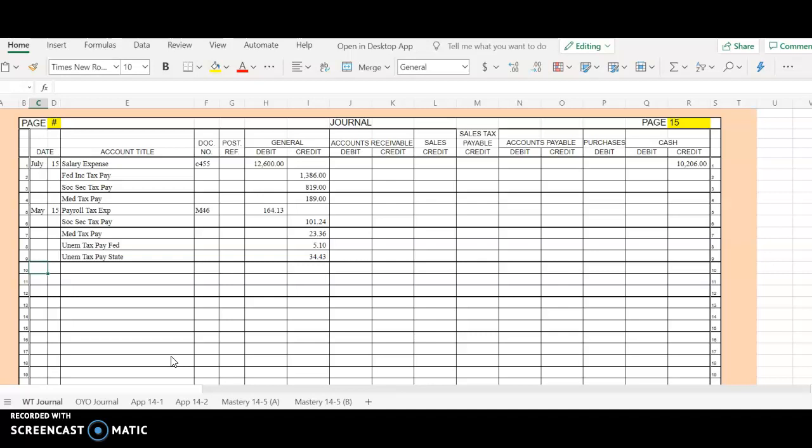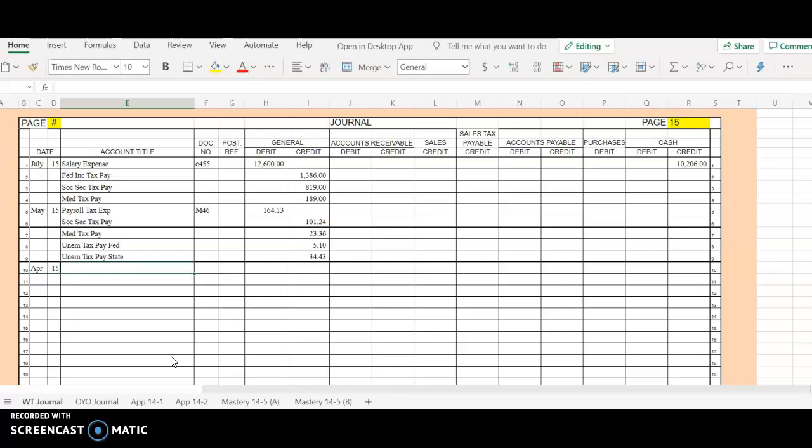Those are done, I believe, later. So the information you need is on page 351 of your book. So the first transaction is dated April 15th.